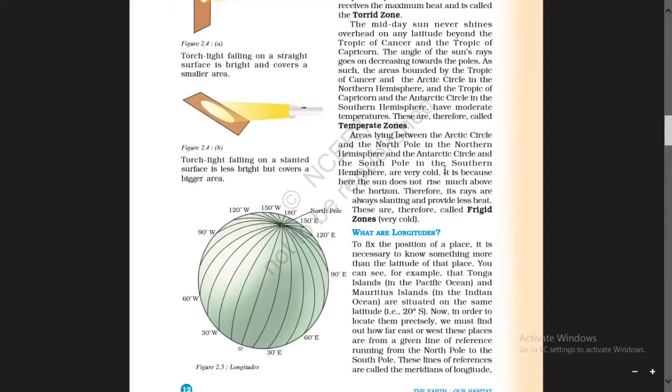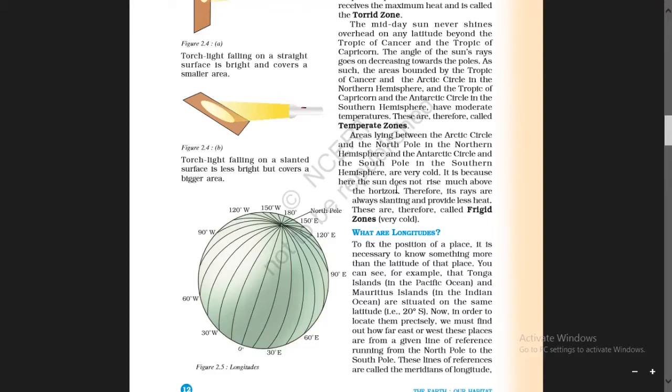On the other hand, the Antarctic Circle and the South Pole in the southern hemisphere are very cold. Why are they very cold? Do you know? It is because here the sun does not rise much above the horizon.